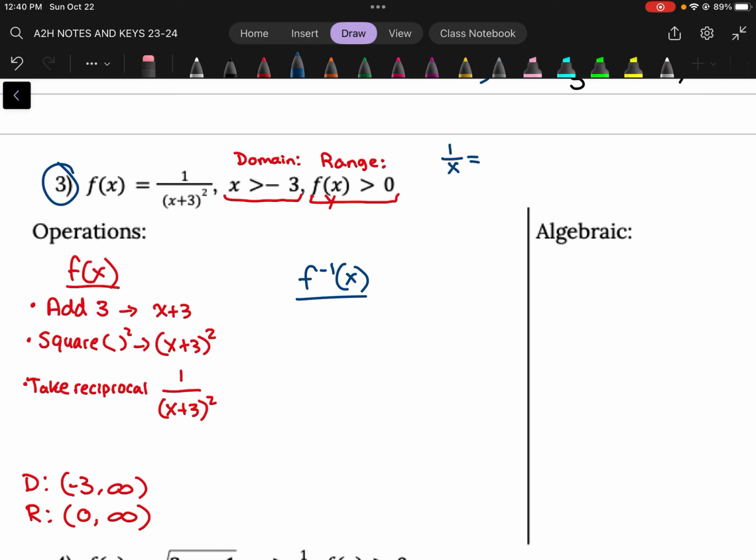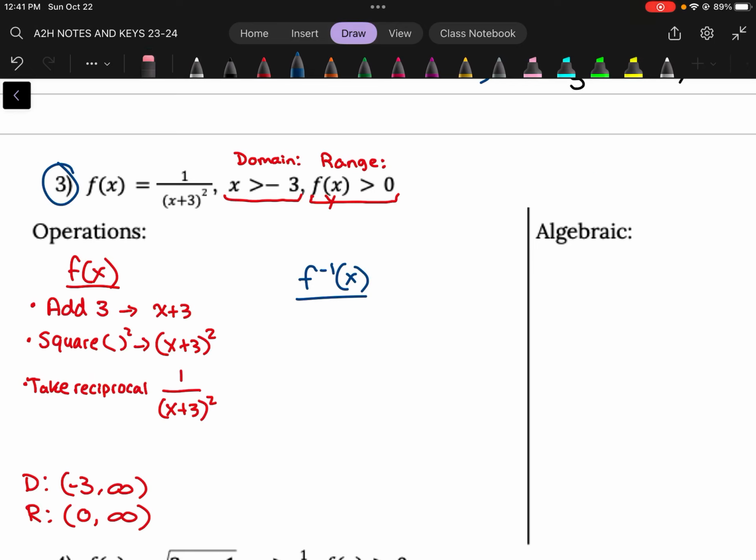When we build our inverse, hopefully it should make sense that the reciprocal of something, if we keep taking its reciprocal, not that these equal each other, what I mean is that if you take the reciprocal of 1 over x, you get back x, and if you take the reciprocal again, you get that. It's just really flipping 1 over x and x over 1.